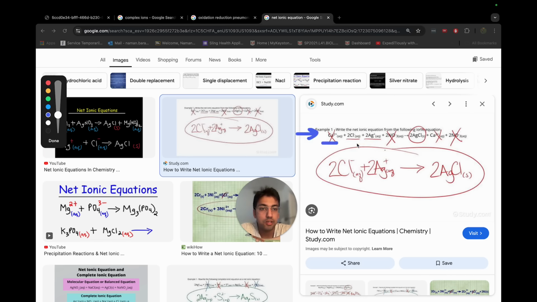So you see all these aqueous things that are reacting, and out of those aqueous things we actually get a solid, but then we get these other aqueous ions, and these aqueous ions actually cancel out because there's no change. They're still aqueous, we haven't changed anything, and so basically this is going to be our net ionic equation. That's how you can think of that.